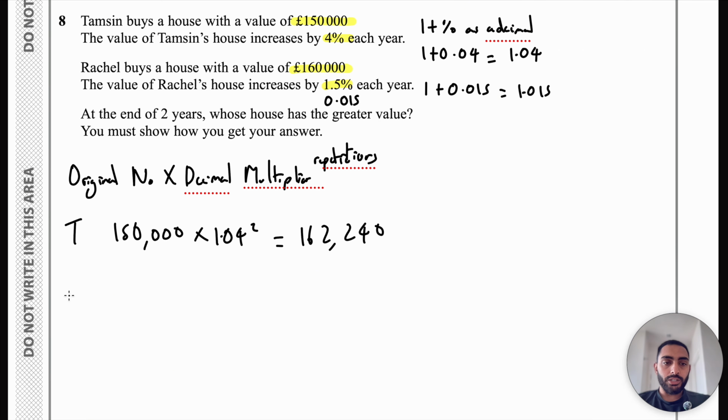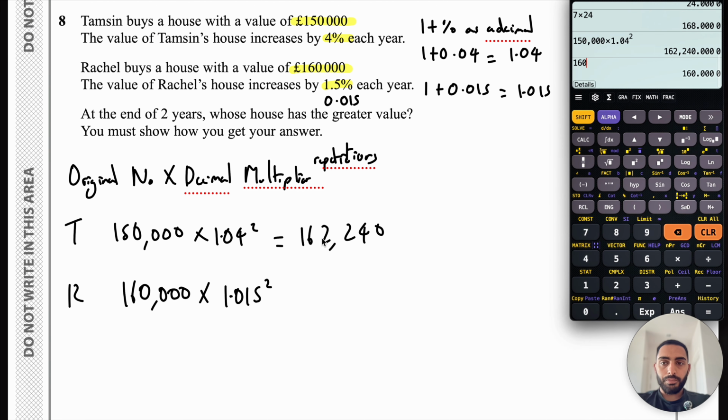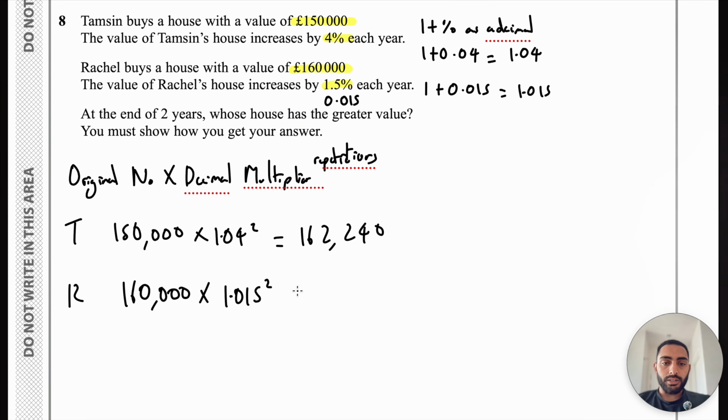Do the same thing with Rachel's. So that's 160,000 multiplied by 1.015 to the power of 2, which is £164,836. I can see the tens of thousands and the hundreds of thousands are the same, but the thousands are different.